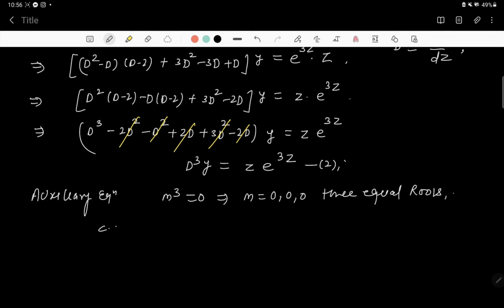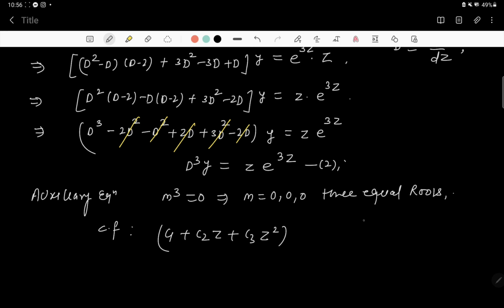Therefore the complementary function CF will be c1 plus c2 z plus c3 z square, exponential 0 of z.